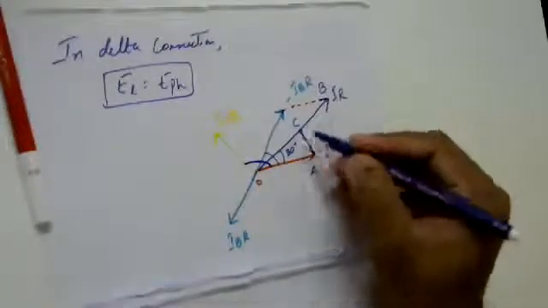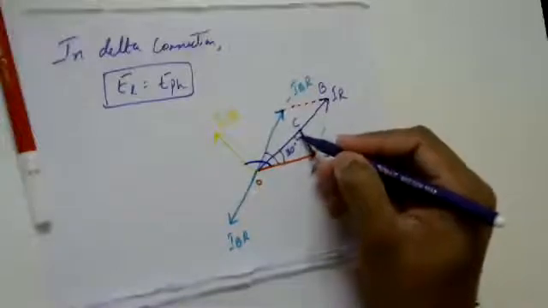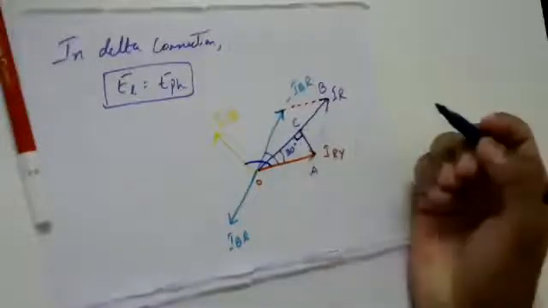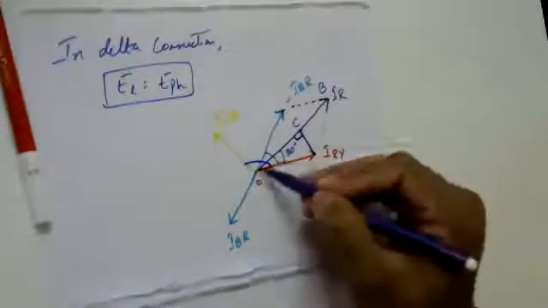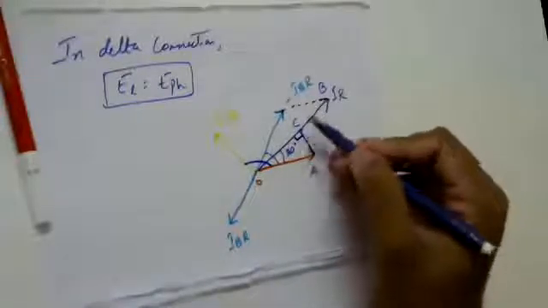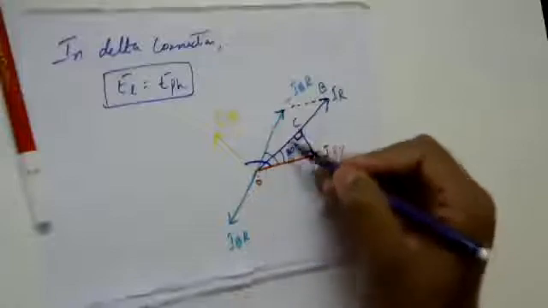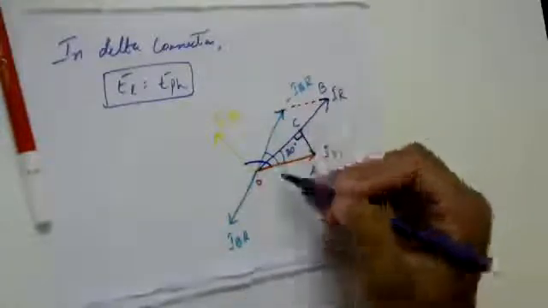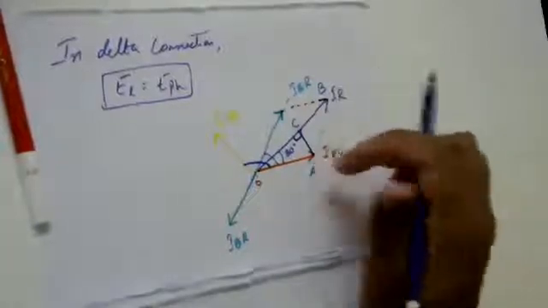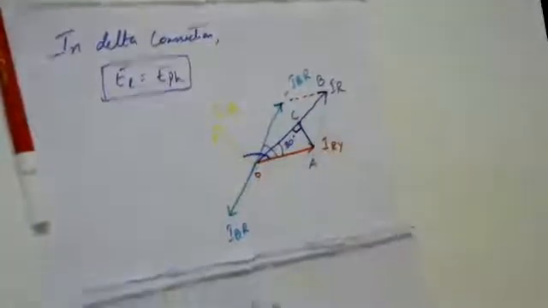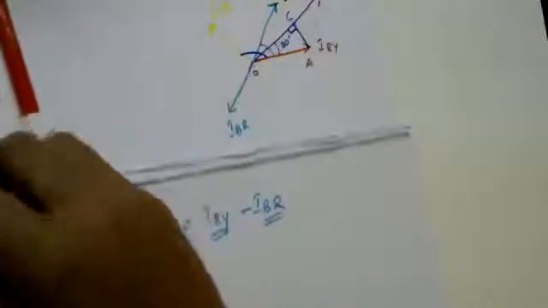It forms a right angle triangle, 90 degree. So it forms a right angle triangle OCA, because the right angle should be at the center. So from this right angle triangle, you should be able to write for cos 30.